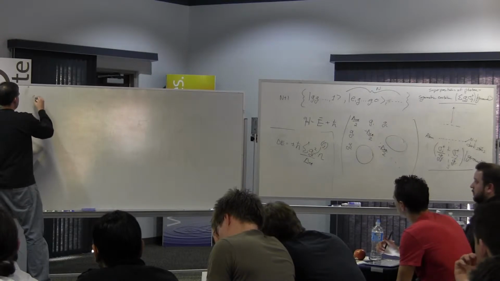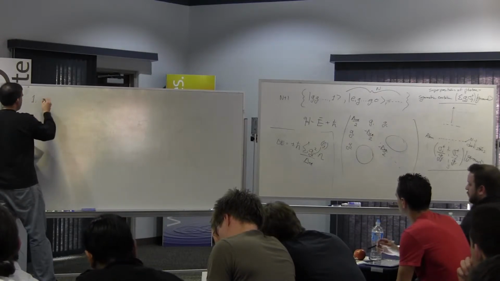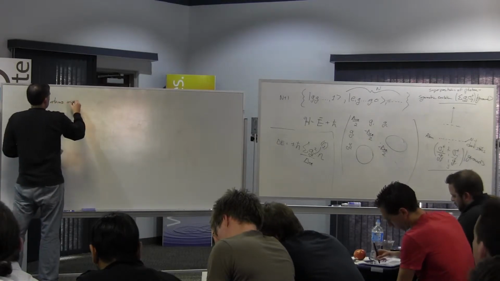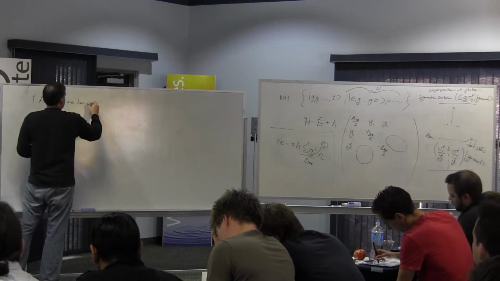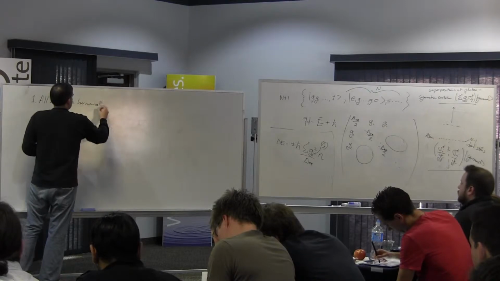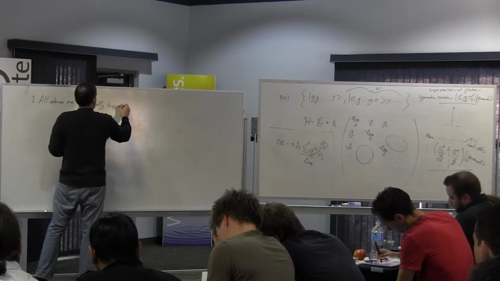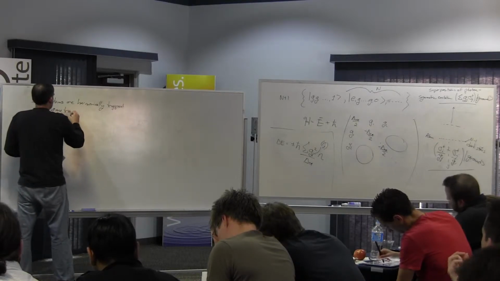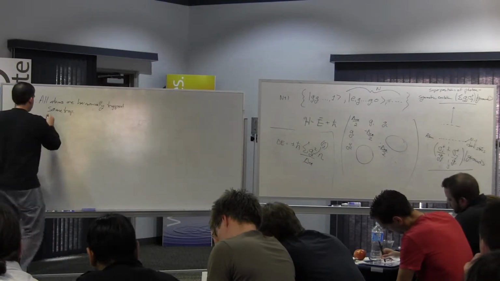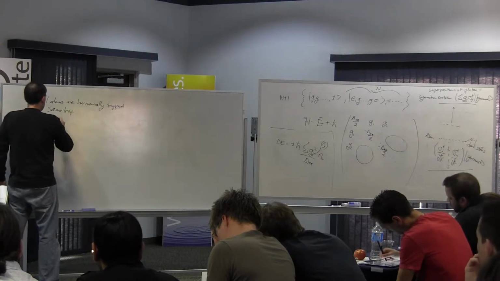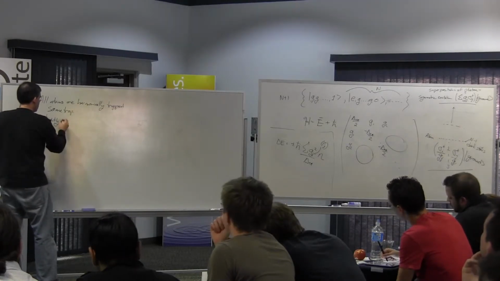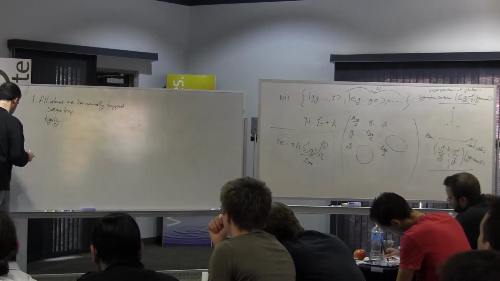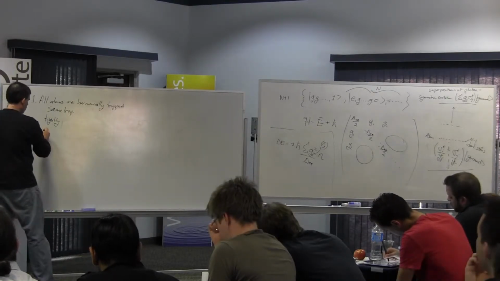Situation one: I'm going to consider a situation where all the atoms are harmonically trapped, and they're all trapped in the same trap, and they're trapped tightly. I'll tell you what that means in a minute. And I'm also going to ignore the transverse motion.